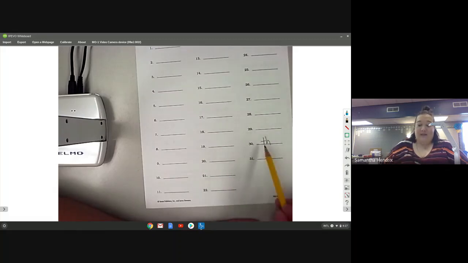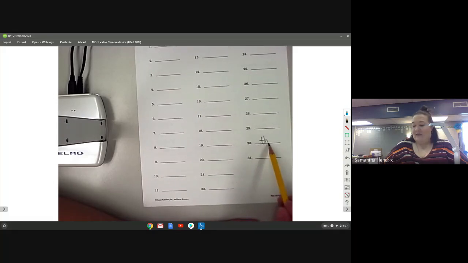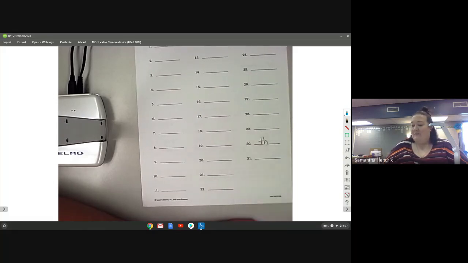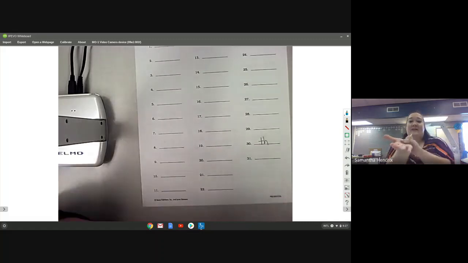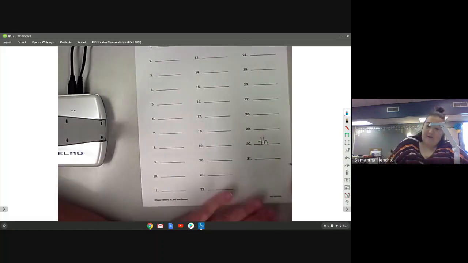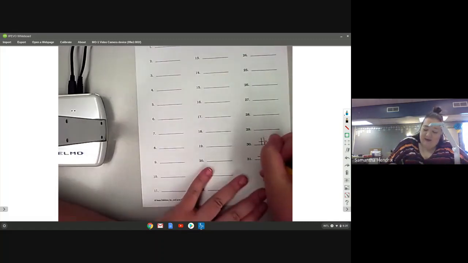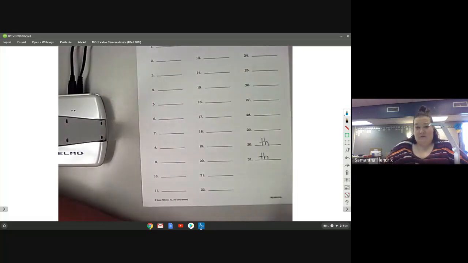We are going to say, just like our card, digraph TH. So line 31. Okay, the letters are TH, but we're going to write down and say digraph TH. Got it?